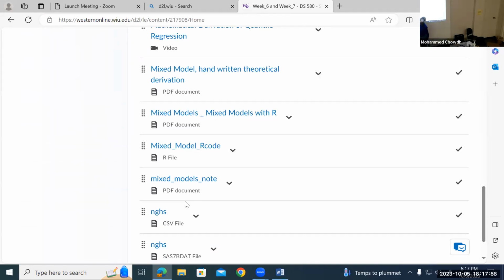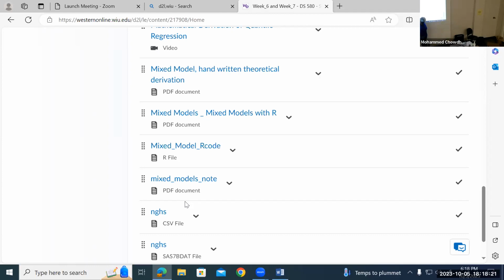Mixed model note. If you read it with your full attention, it might take you a maximum of 45 minutes to 1 hour. Maximum. The school example that I have given is from this note, and it is written in a very easy format. I put a lot of material, but I ask you to read this one.